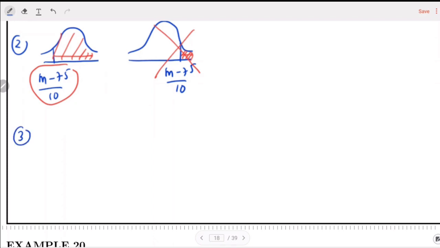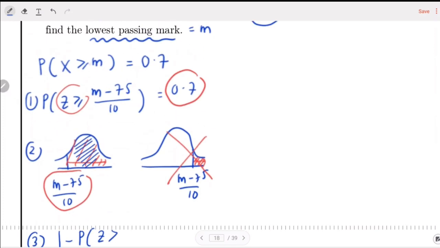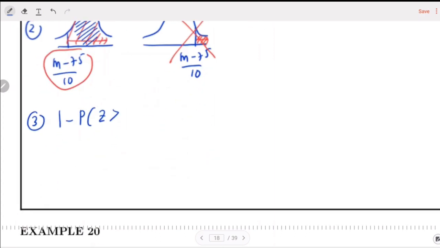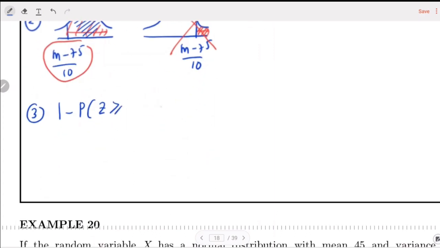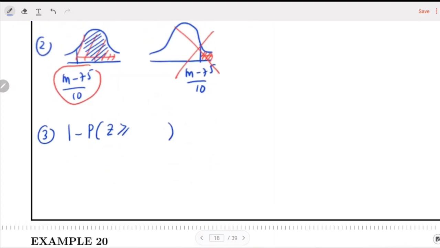Need to identify whether we need to put 1 minus or not. Since we shade the middle part of our bell shape, we need to put 1 minus the probability Z greater than. But I'm going to put an equal sign because the question has an equal sign in here. So Z greater than or equal to this value, M minus 75 divided by 10.